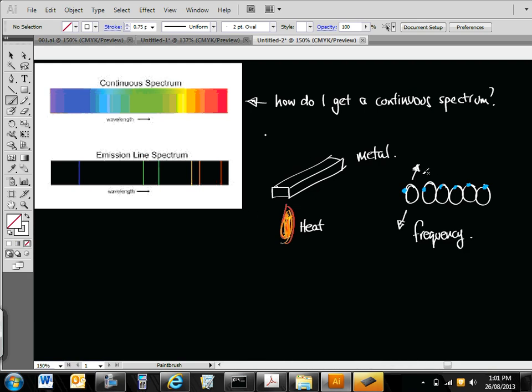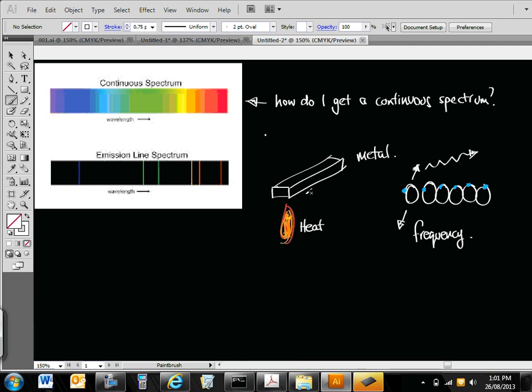The frequency of vibration is such that they don't like to be in that excited state all the time. They jump back to lower energy states, and their frequency reduces. And in order to do that, they emit some light or some heat or UV radiation, whatever you want to call it. It's just light.